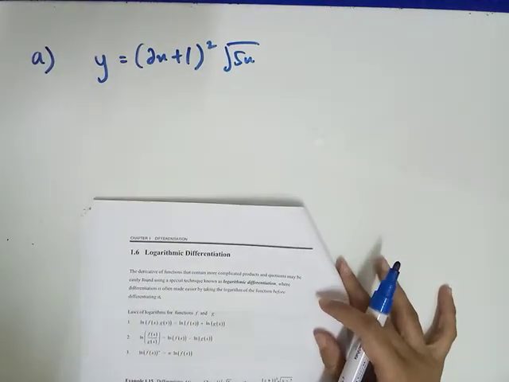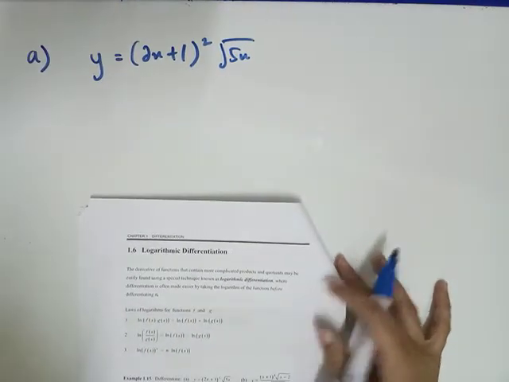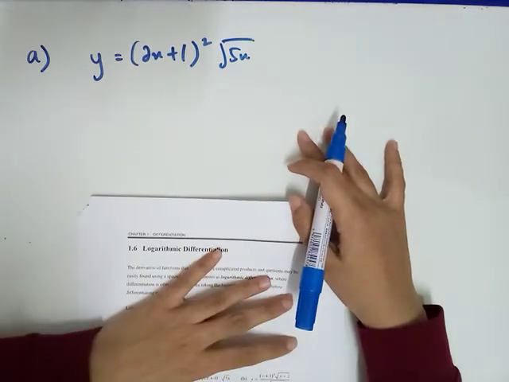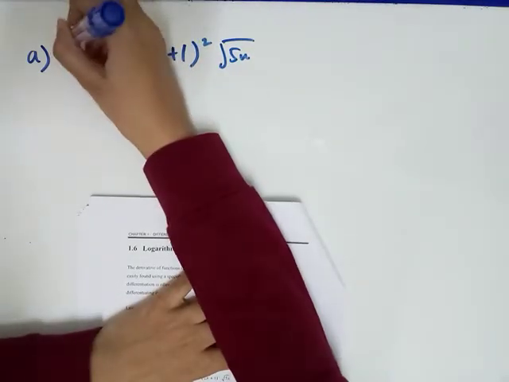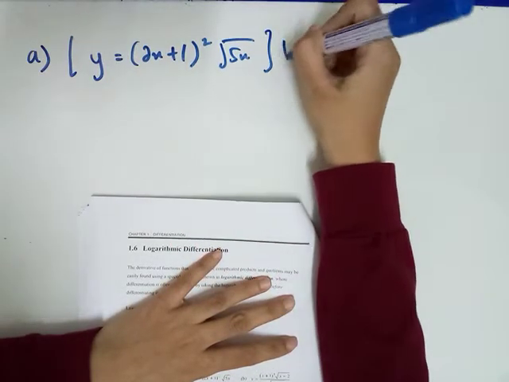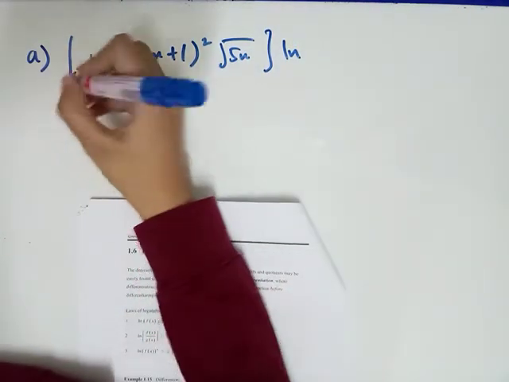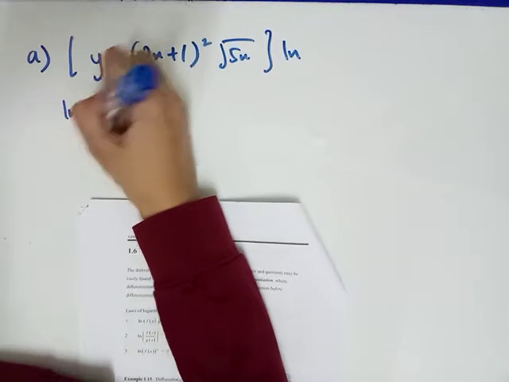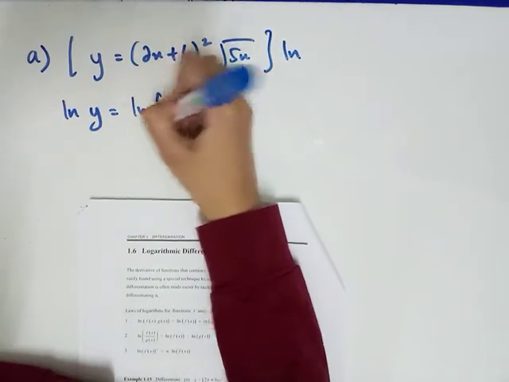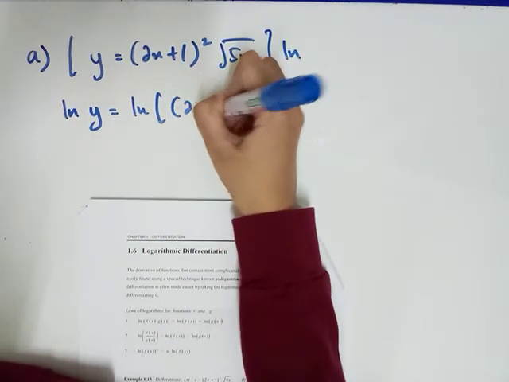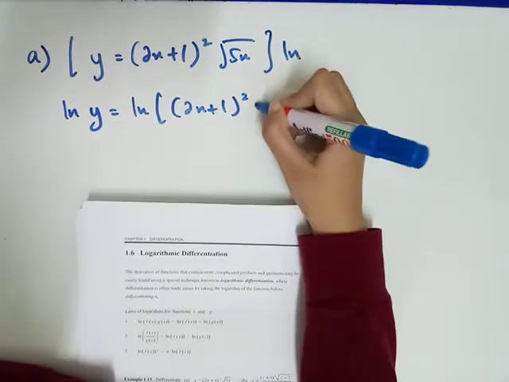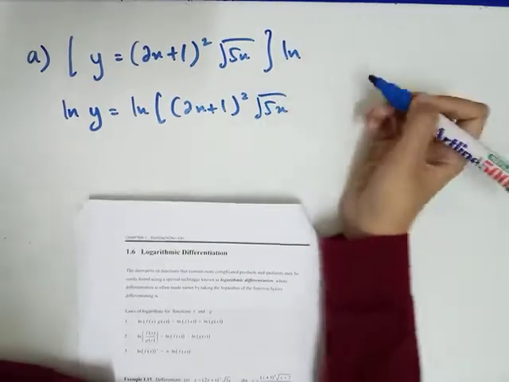To differentiate using the law of logarithm, you need to put ln for both sides. So it should be ln y is equal to ln (2x plus 1) square root 5x.